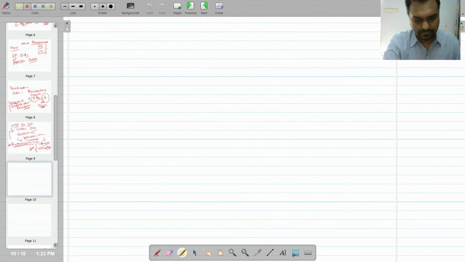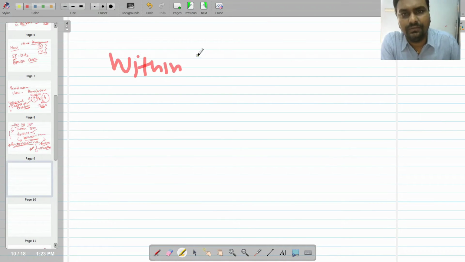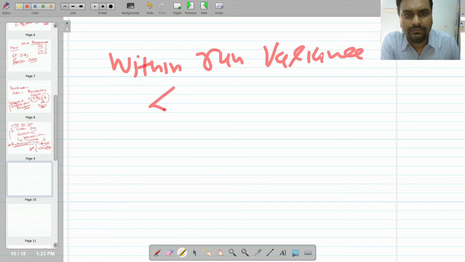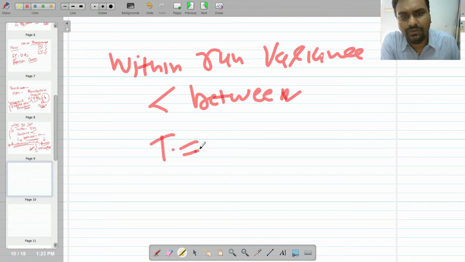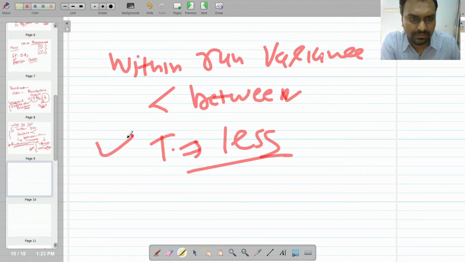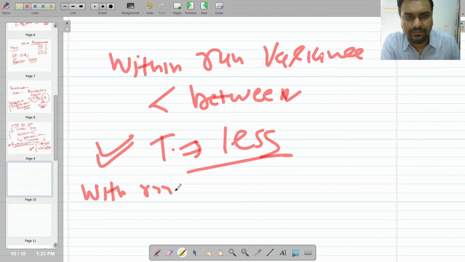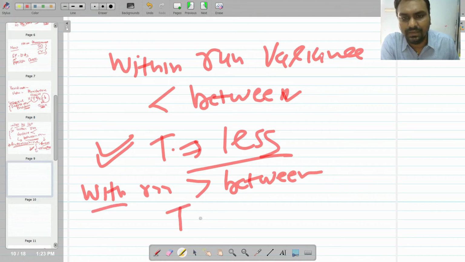So when within run variance is less than between run variance, the T value, the effective degree of freedom, will be less. Suppose within run variance is higher than the between run variance. In that case the T value will be very high.